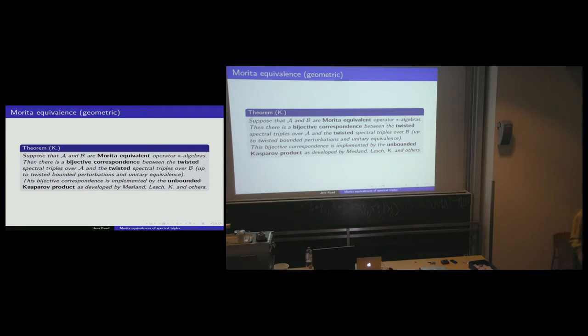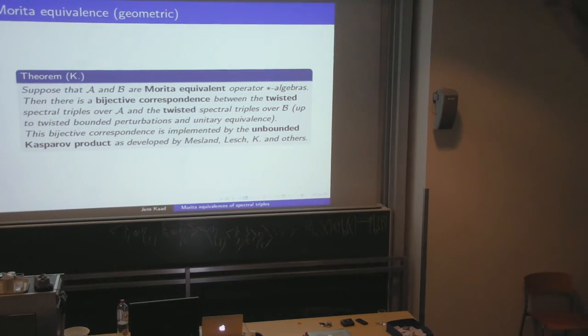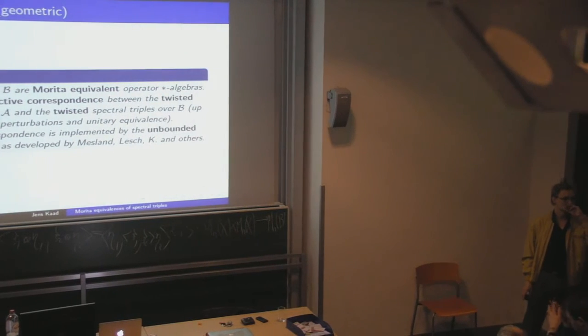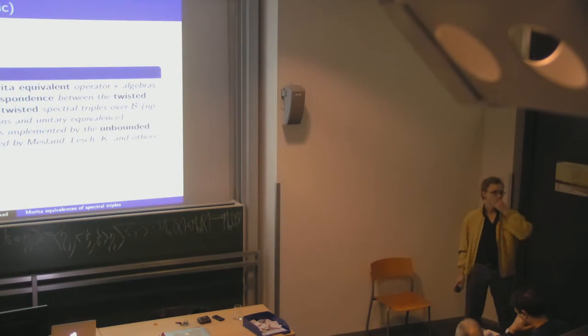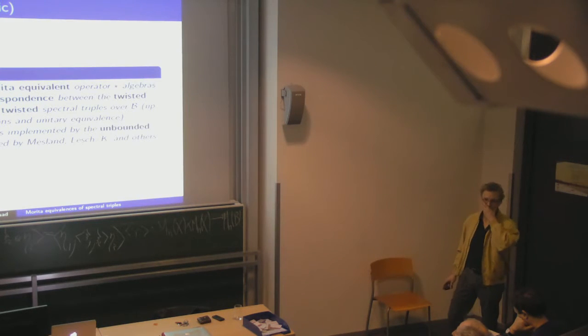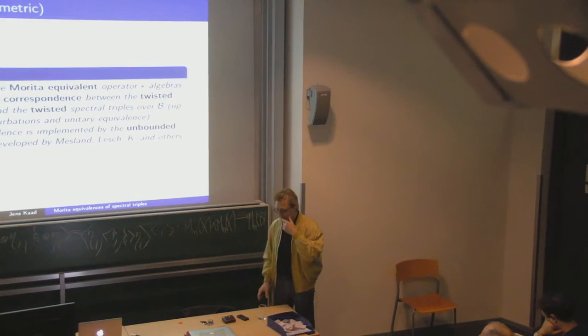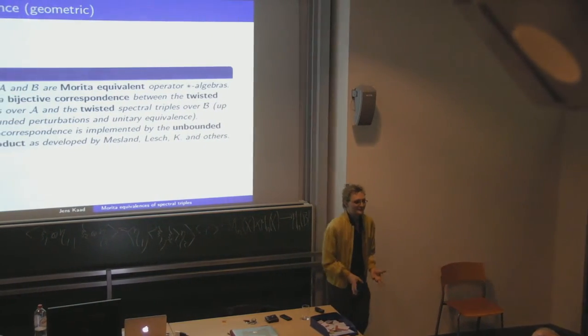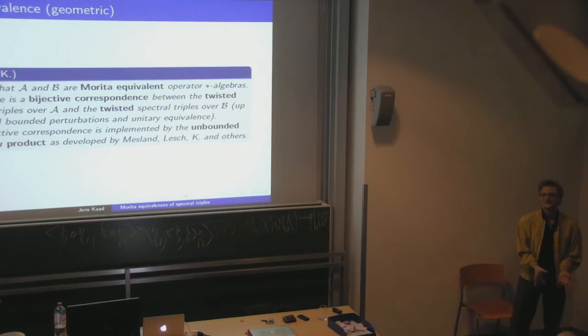You need to sit in the category of twisted spectral triples because of the connection you need to use for your unbounded Kasparov product. For me, there are plenty of reasons for that.